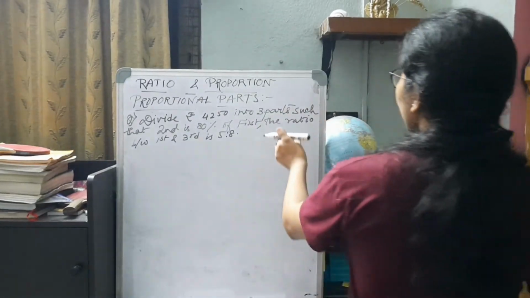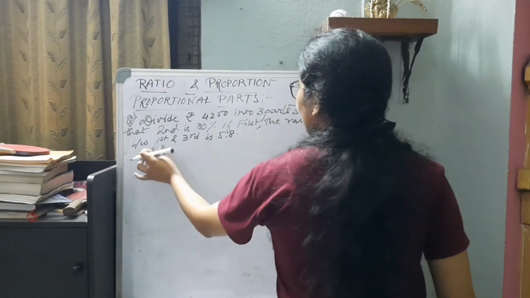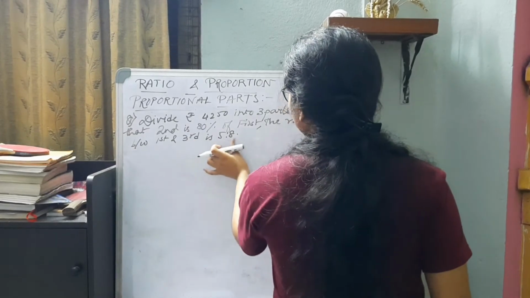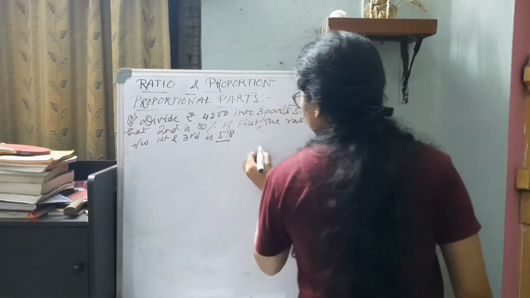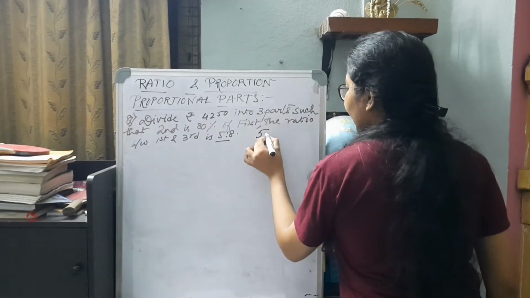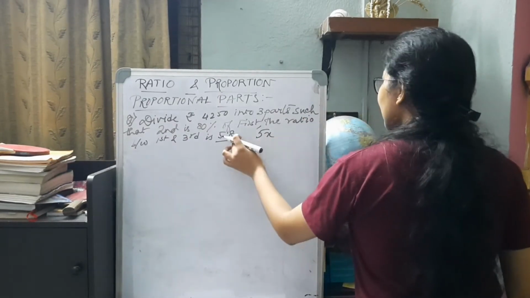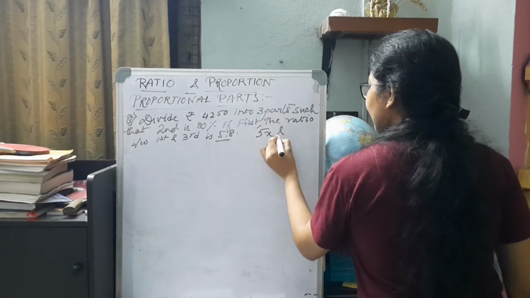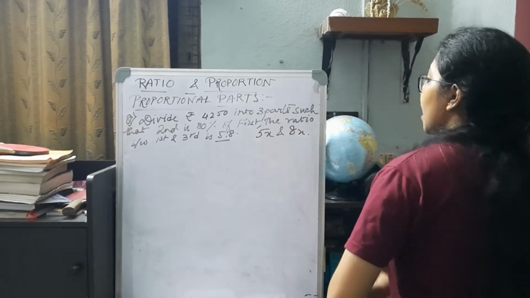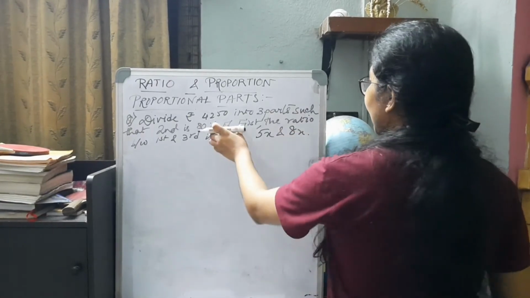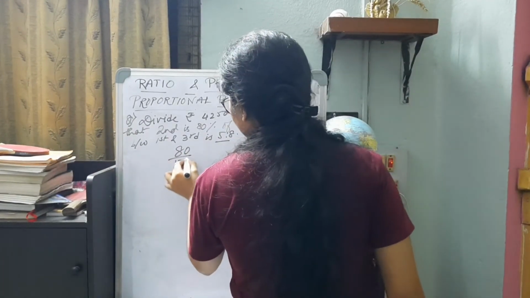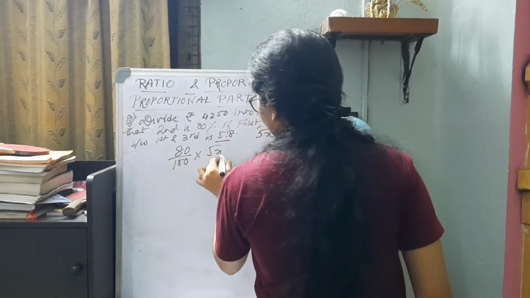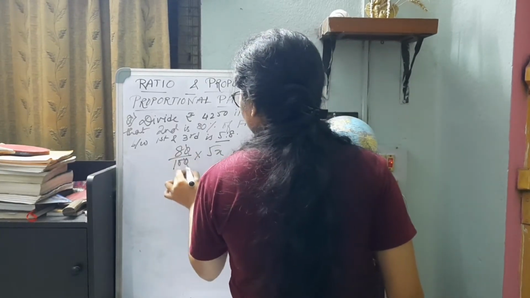First of all, the ratio between the first and the third is 5:8, so I consider them as 5x and 8x. Now the second one is 80% of the first, so it is very clear that it is 80% of 5x.